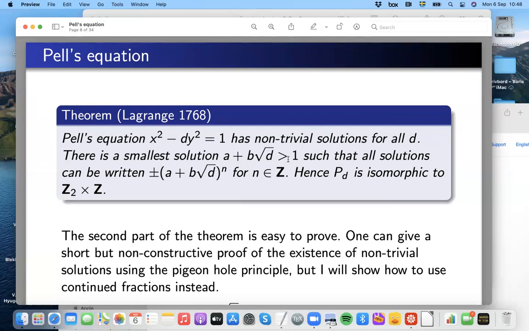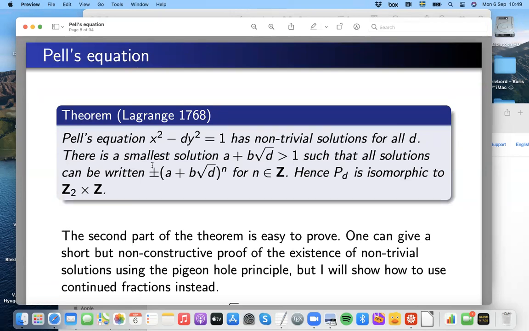And then all solutions to Pell's equation can be written in the form of that example we did for d equals 2. So we can take a plus b square root of d, take its nth power, and then if we want, we can expand this into a pure integer and a pure integer times the square root of d.